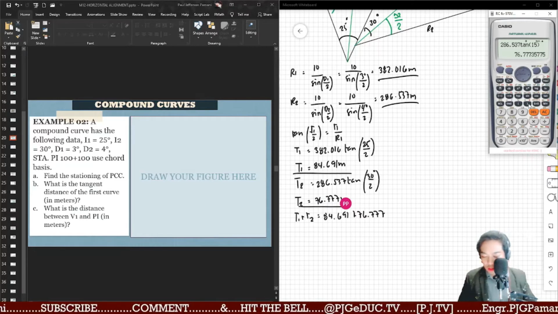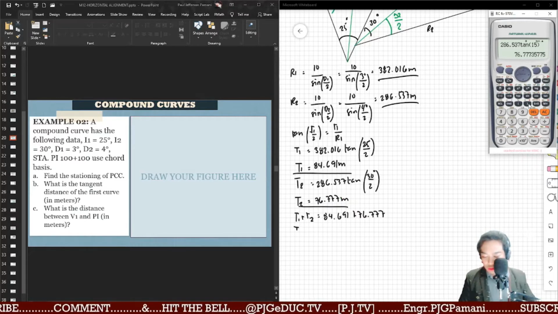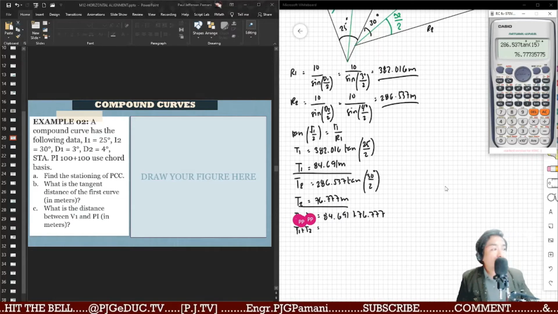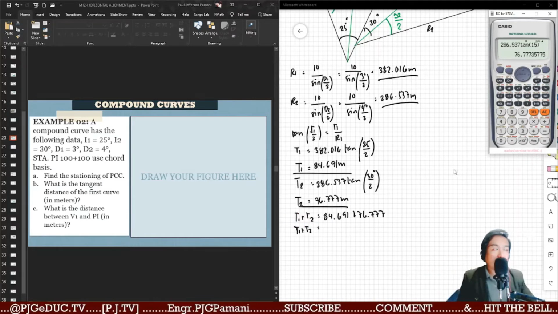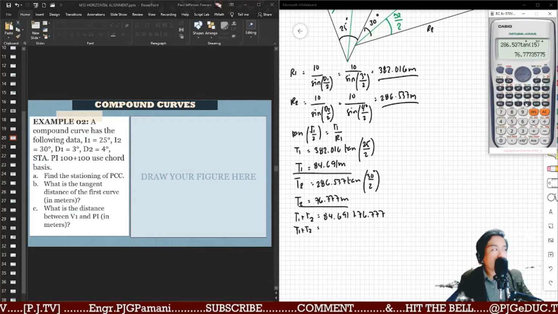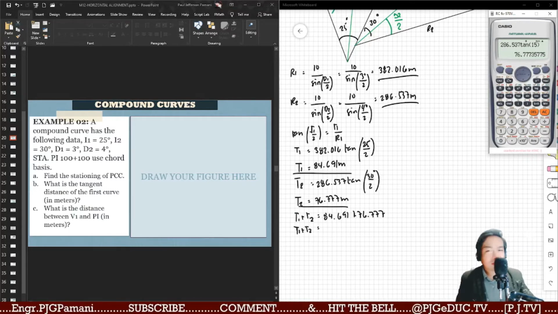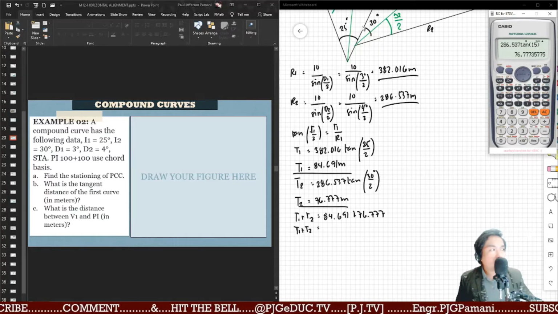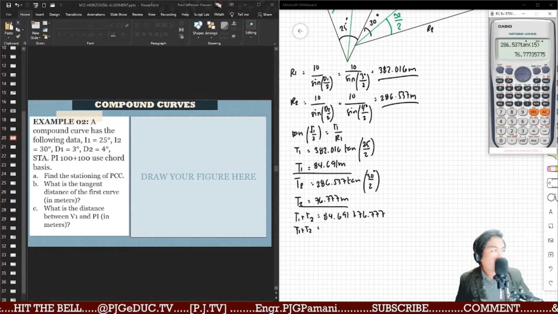Now, the common tangent, which is the summation of T1 plus T2. Mapansin ninyo, binabanggit ko ng buo kung ano yung mga variables na ginagamit natin, para mas madali ninyong ma-memorize, napakarami kasi. As long as I am always repeating those terms, mas madali nyo pong maaalala.